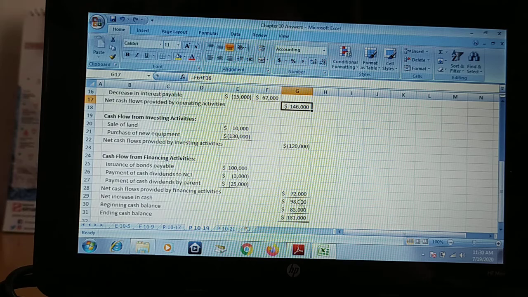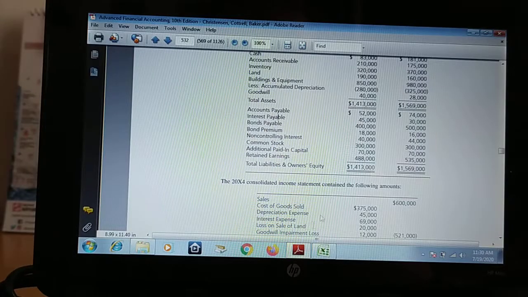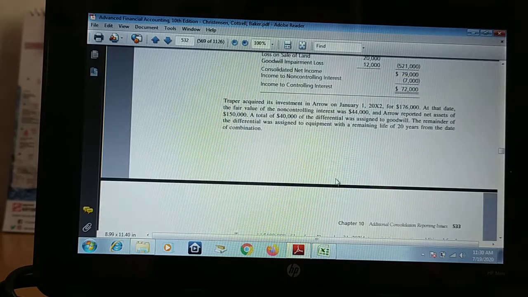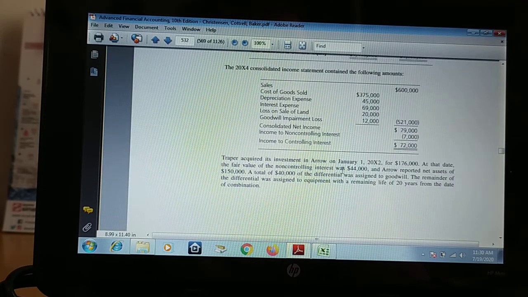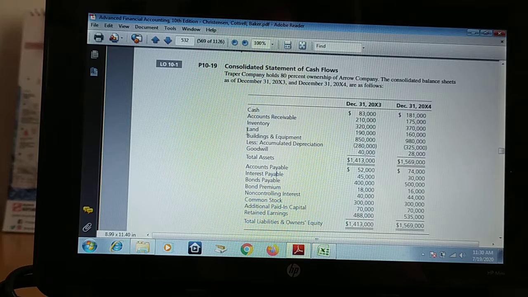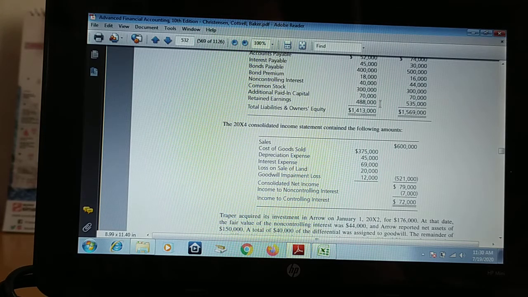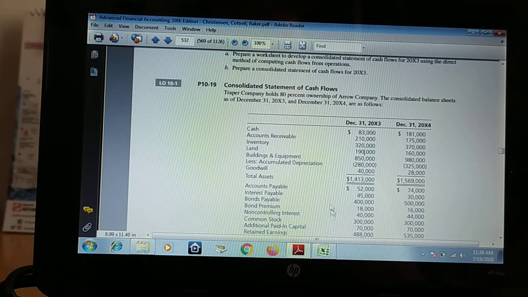And then we go to the investing activities. I think there is no data that states anything about the investing activities, so we go directly to the balance sheet. The land decreased by 30,000, and we also have the loss on sale of land.